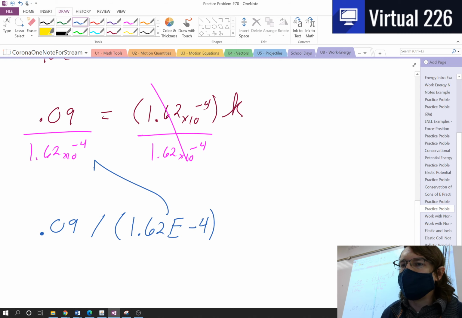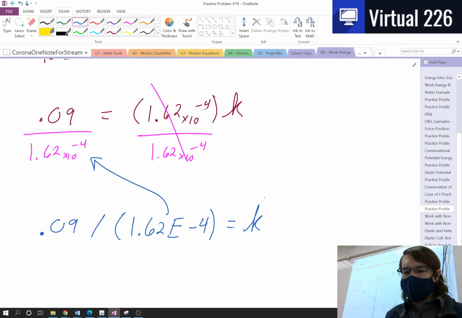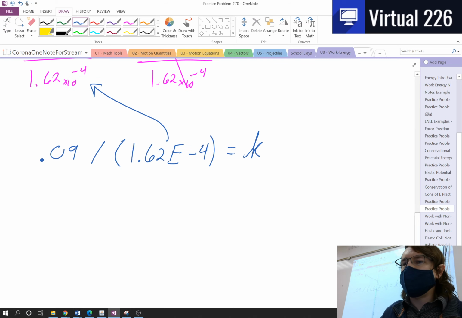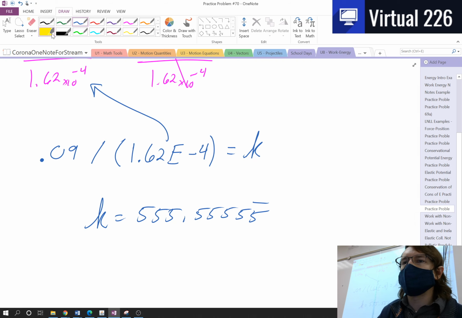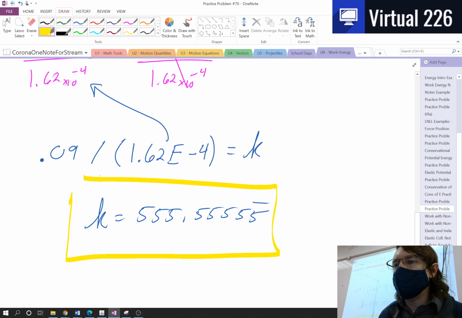This is how we write that on our calculators, but that would give us our value of k. When we do this, we get a value for k of 555.55555. You get the idea. And that's our final answer.